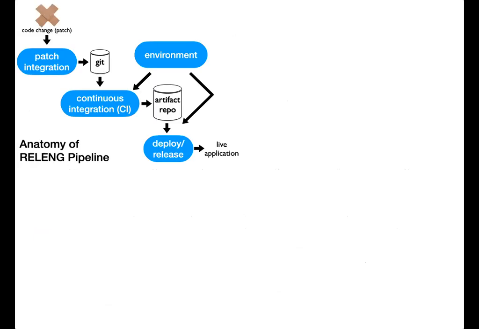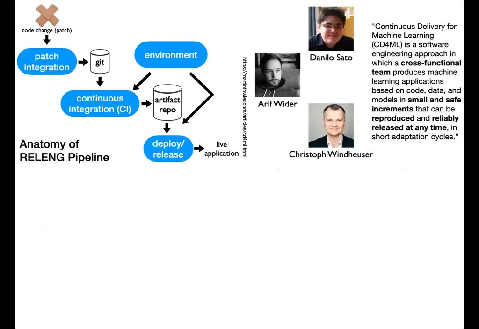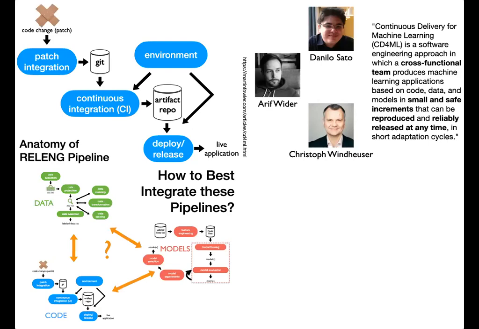Okay, so to wrap up, we have talked a lot about the traditional release engineering, the main steps, how it fits to DevOps and so on. Then we looked at continuous delivery for machine learning, where the main thing is that you have two additional pipelines with cross-functional teams, and somehow you need to bring these things together because you have to get one polished product out of that with high quality and deliver that in a reliable manner to your end users.